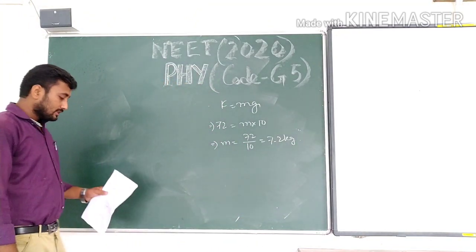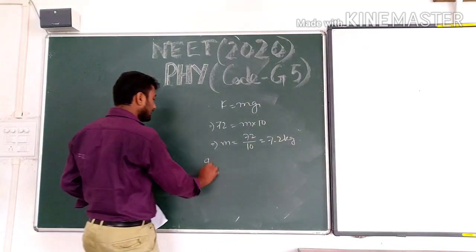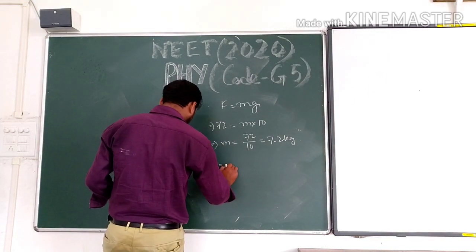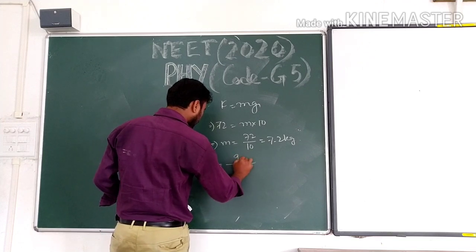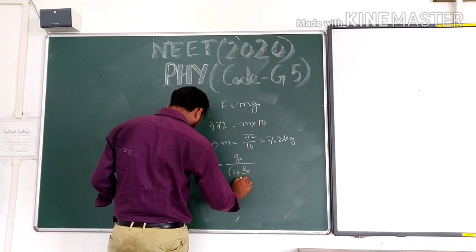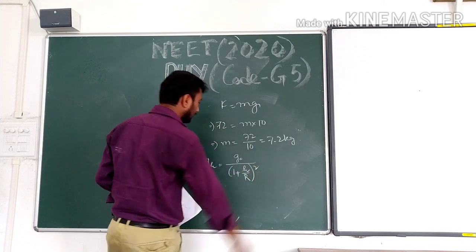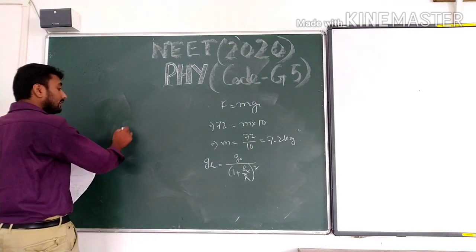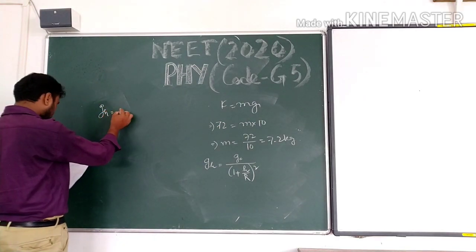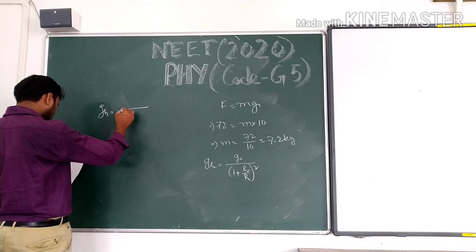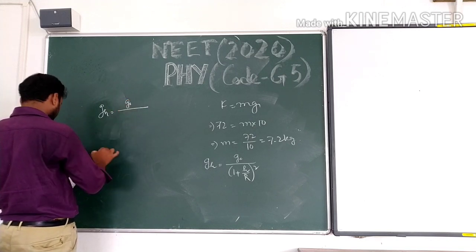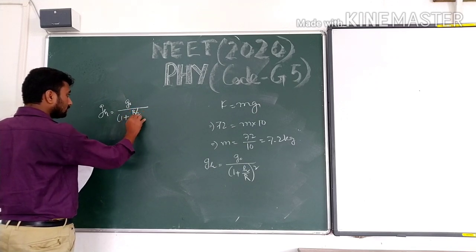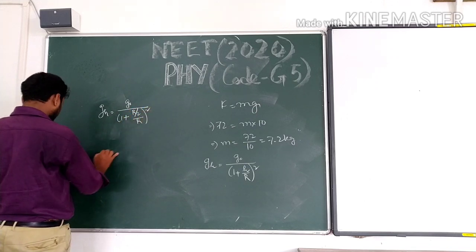Okay. So again, acceleration due to gravity at a height h will be gh equal to g naught by 1 plus h by R whole square. We have this formula, right? So putting the value, gh will be g naught divided by 1 plus, here h means R by 2, half R by R, whole square.